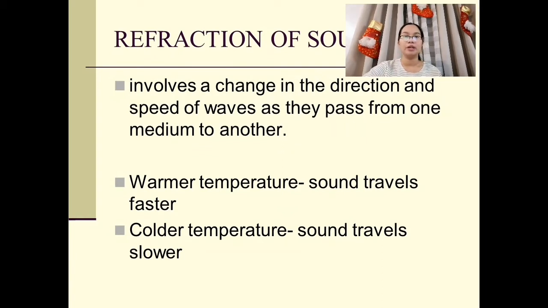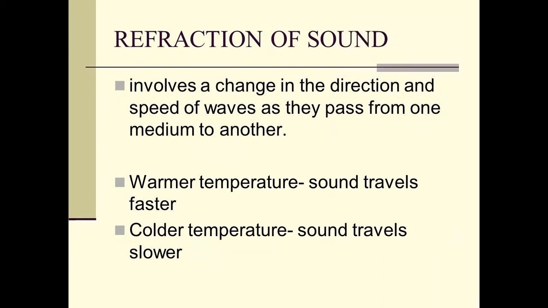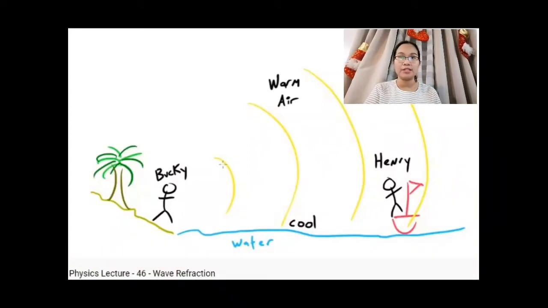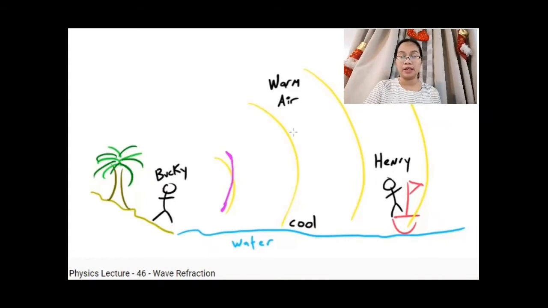If we are going to look at this illustration, you can see here the wave fronts are produced. Let's say we have Bucky and Henry, and Bucky is calling Henry. As you can see, we have different temperatures. There will be colder temperature at the water surface than the temperature above the water surface.